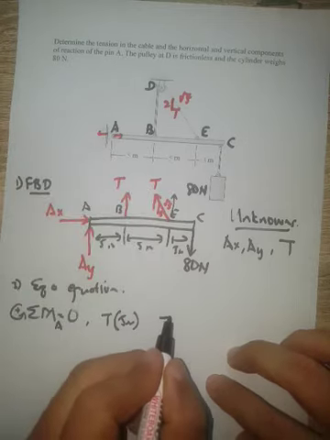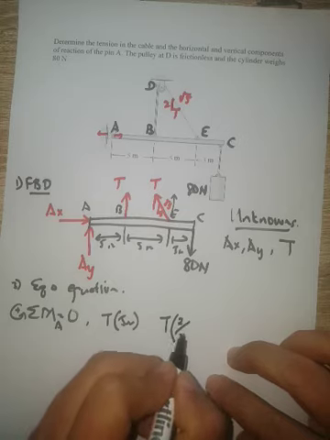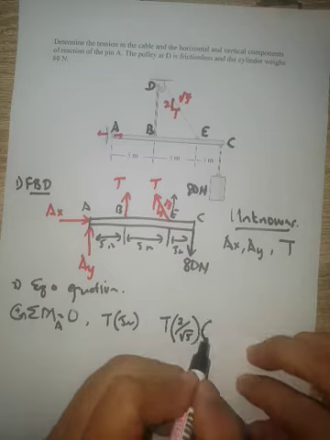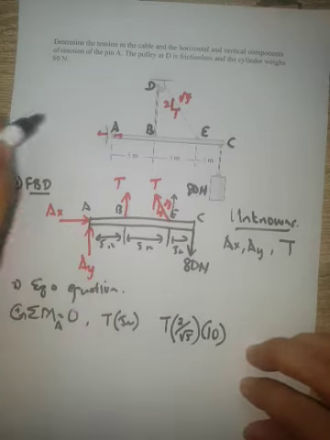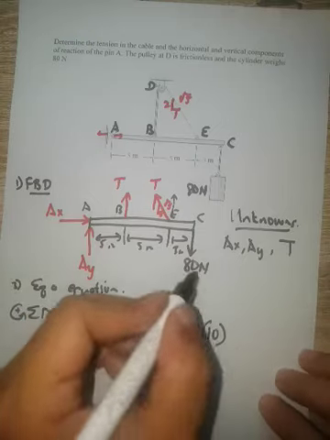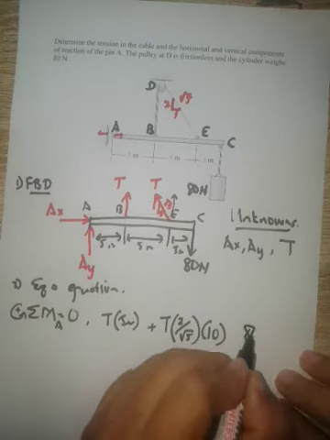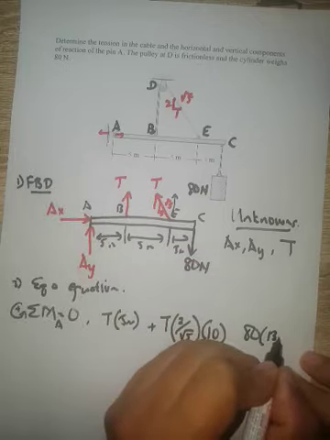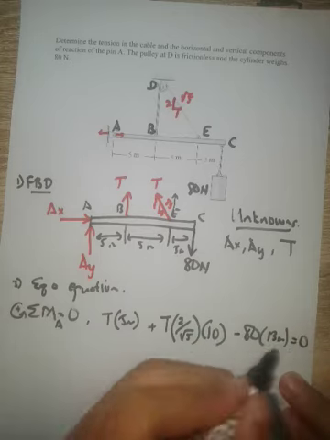So it's T times 2 over square root 5, and the perpendicular distance is 10 meter, and it also rotates counterclockwise, so it's positive. And then we have the 80 Newton, times the perpendicular distance of 13 meter. It's clockwise, so it's negative, equal to 0.